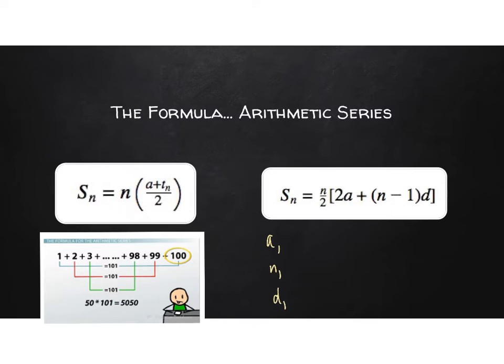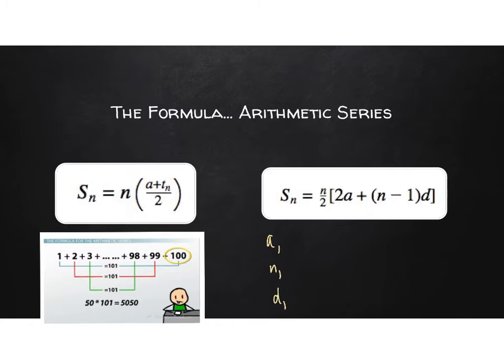So you'd have n, or 100, because there's 100 terms, 100 101s, because the first number plus the last number is 101, and then divide that by 2, because we've counted them twice every time. If you haven't had a chance, you can go back and look at the video that was in the slideshow. So this is the one formula that they came up with.